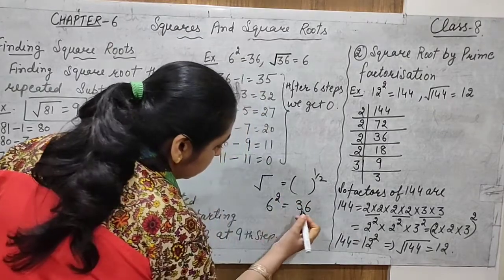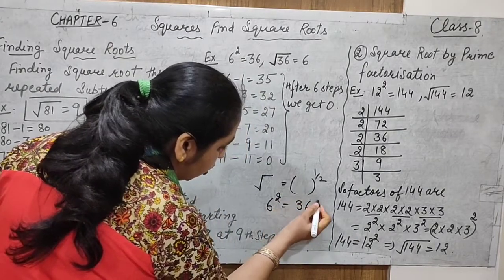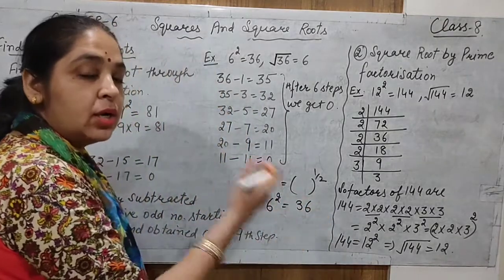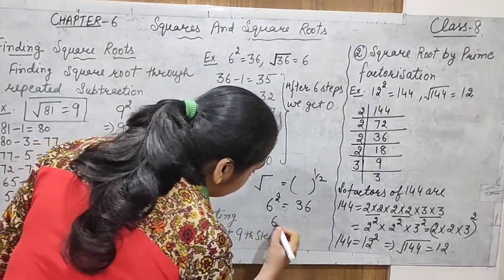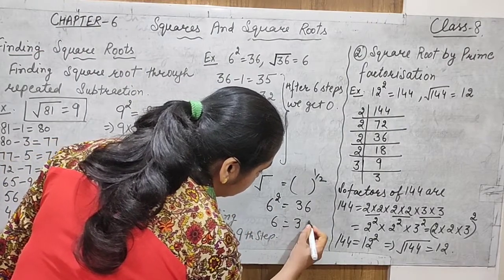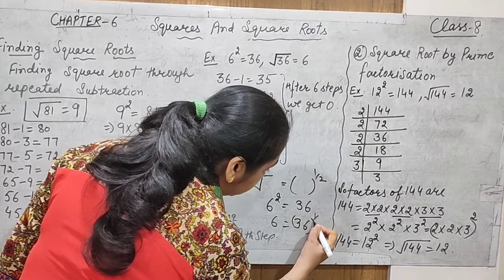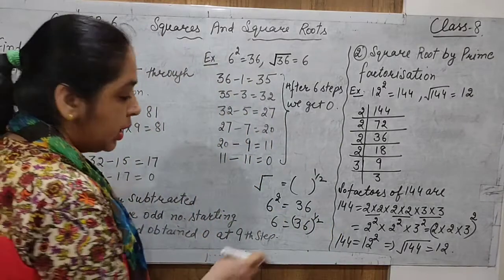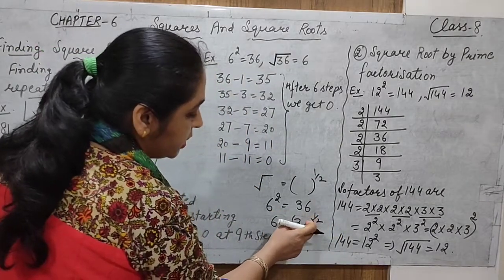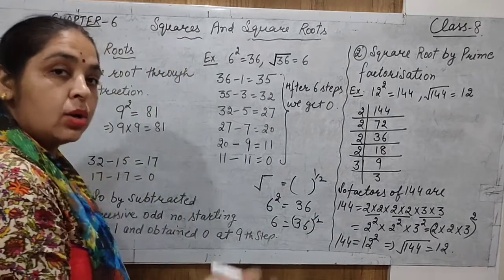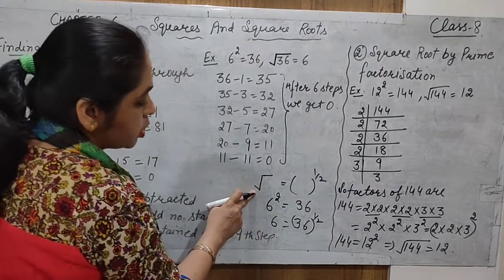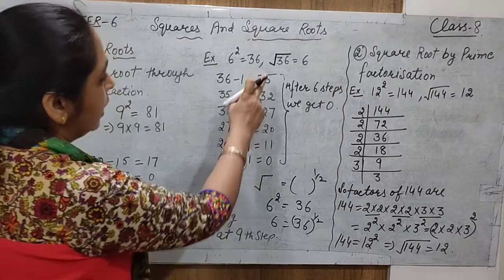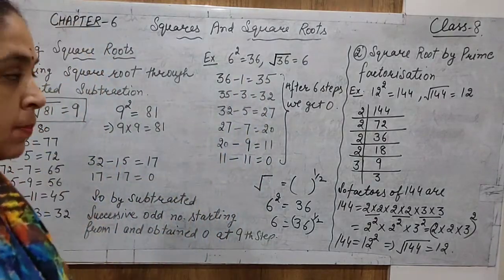Then when this power moves to the other side, 6 is equal to 36 to the power 1 by 2. This power 1 by 2 is called the square root, and the symbol of the square root is this one.